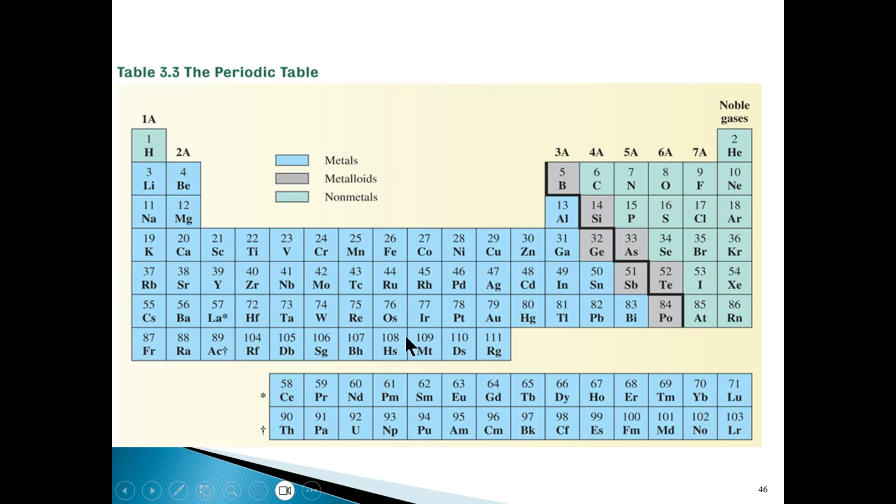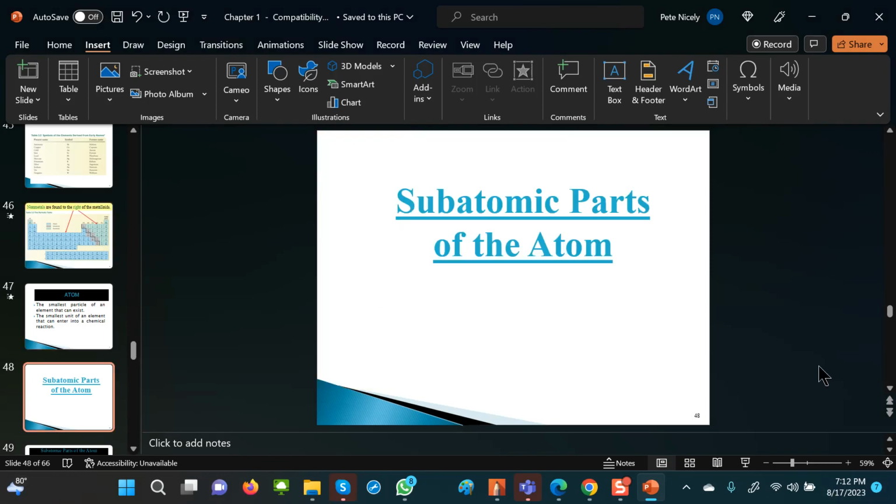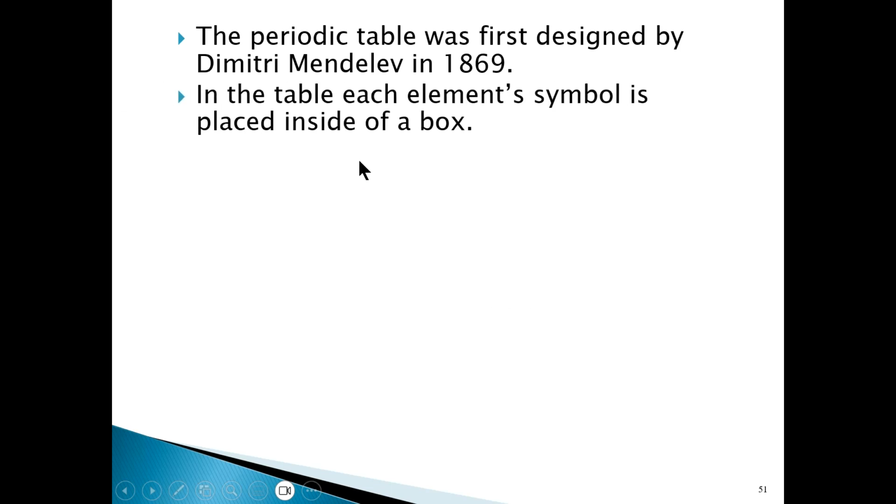So what we're talking about here is this special arrangement, and that's what we're going to get into a little bit in relation to who first came up with this idea of coming up with a table of all the known elements. And the one that is oftentimes credited for doing this is this guy, Dmitry Mendeleev, a Russian scientist, and he came up with his version of the periodic table back in 1869, right?